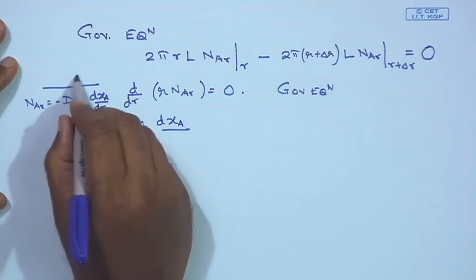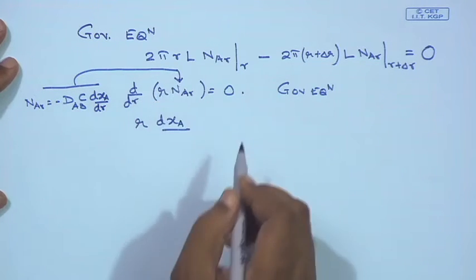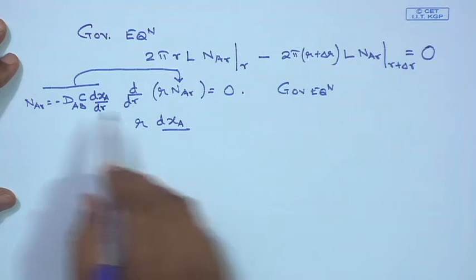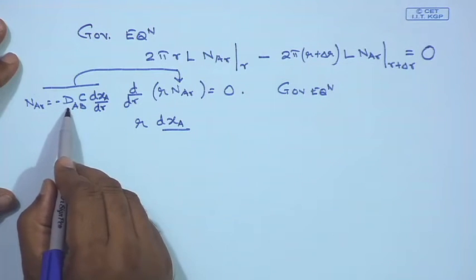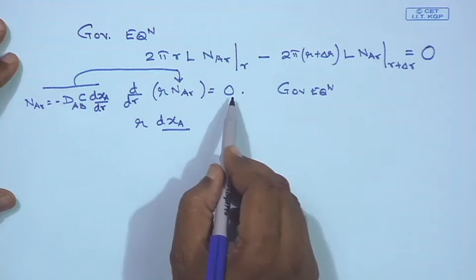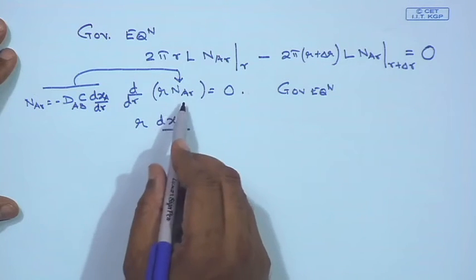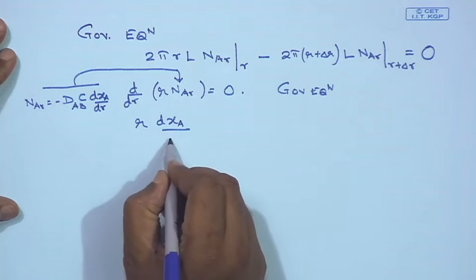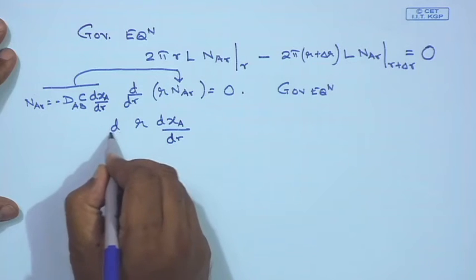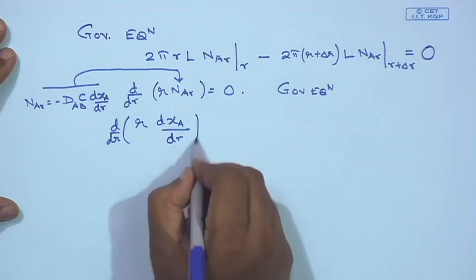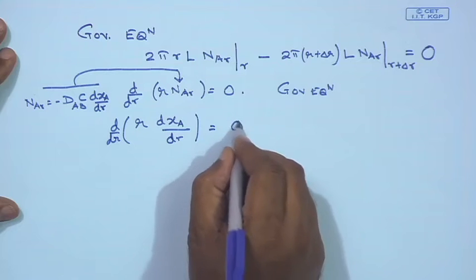So, you plug this in here, and since c is a constant and D_AB is a constant, we can cancel this, and what we have then is d/dr of r times dx_A/dr at steady state would be equal to 0.